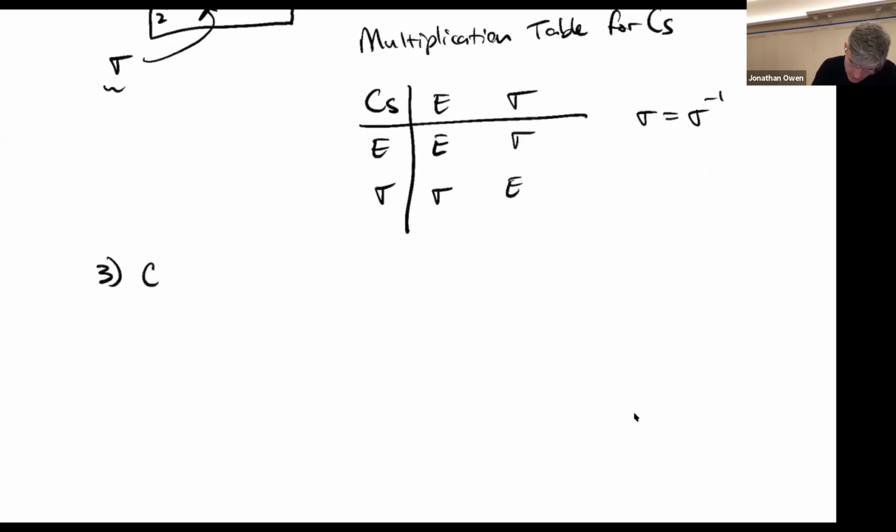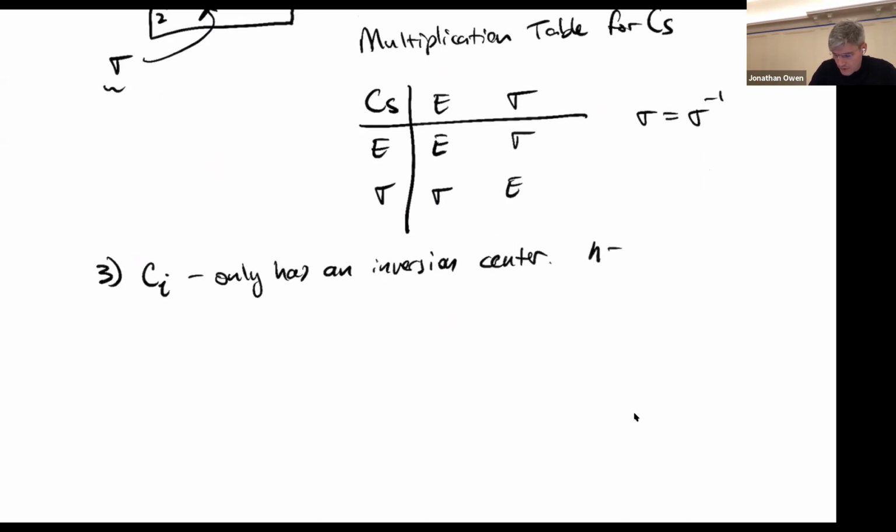All right, let's do Ci. Ci only has an inversion center, and the order of this thing is 2. If it only has an inversion center, why is the order 2? Well, it's 2 because you also have to do the identity operation.